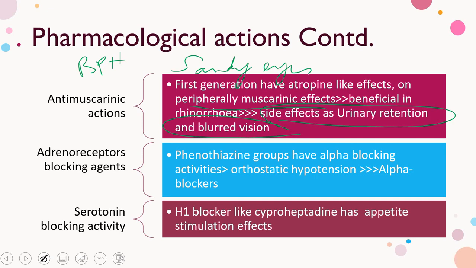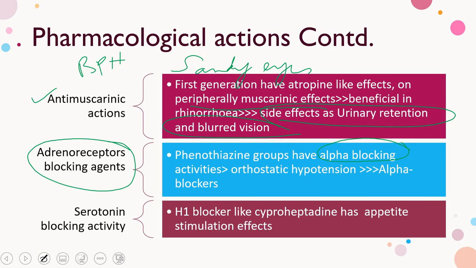The next important one is the adrenergic receptor blocking agent-like effect. You remember, phenothiazine groups have alpha blocking activity. This is a technical point to remember, alpha blocking activity, and there is orthostatic hypotension.